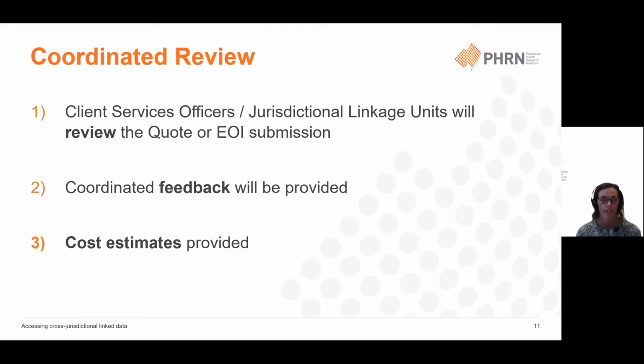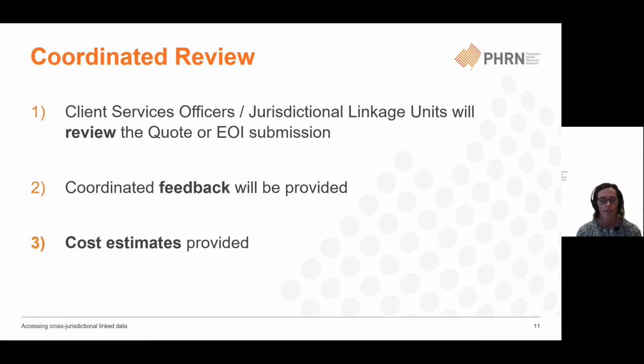Following this, coordinated feedback will be provided to the researcher via email and also uploaded as a document to the PHRN OAS. The feedback may include relevant information about the data collections and availability, the linkage methodology, and further approval requirements.